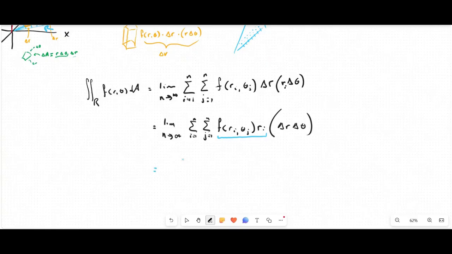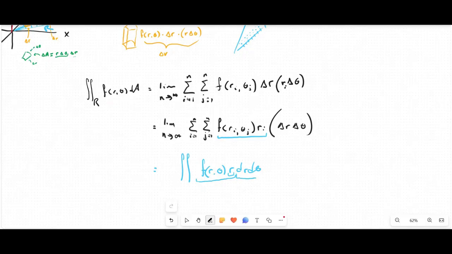This is an integral with a new integrand. I want to write it this way, dr d theta. Instead of thinking about it like we're integrating in polar coordinates with respect to the area, we can put this function r and the function f together as one integrand.